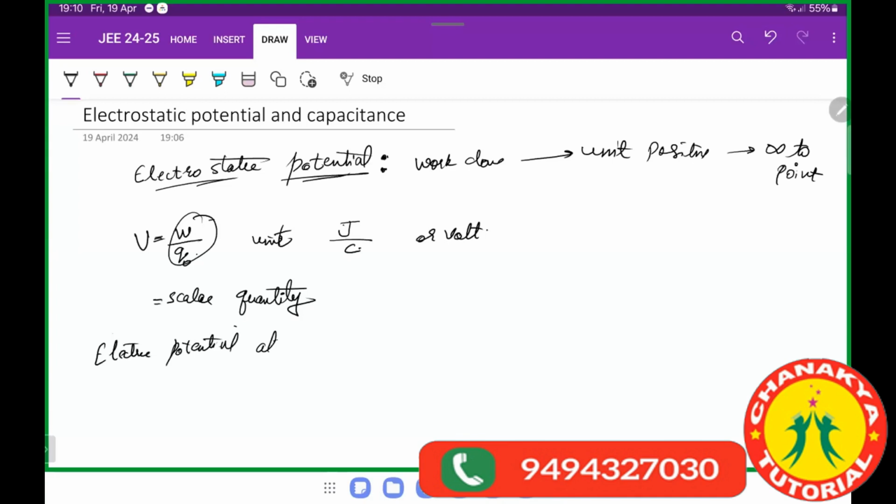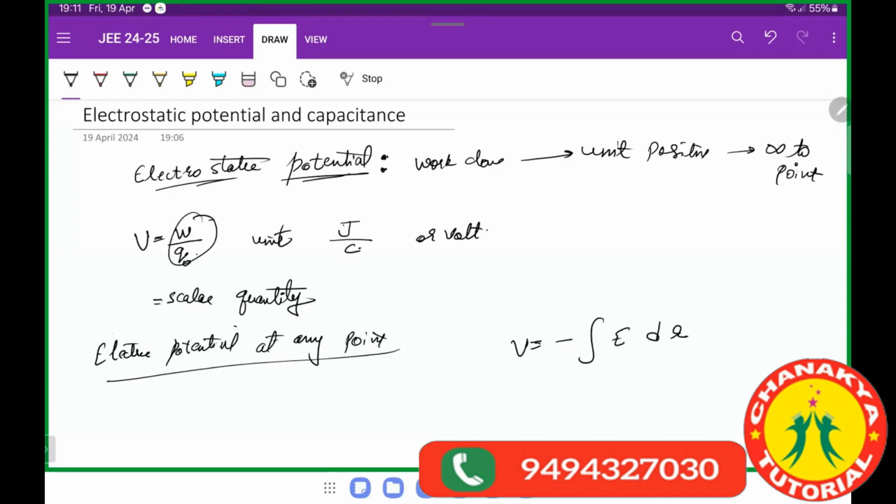Now, electric potential at any point will be V equals negative integral of E dr. Electric field and electric potential are always in opposite direction.